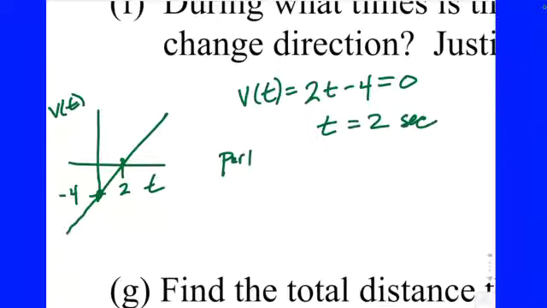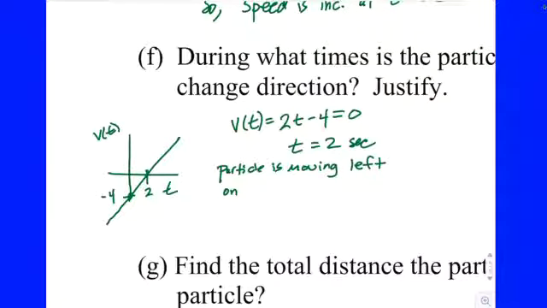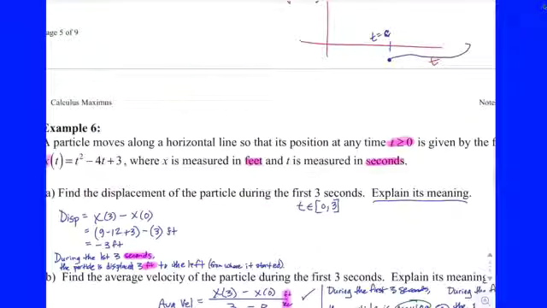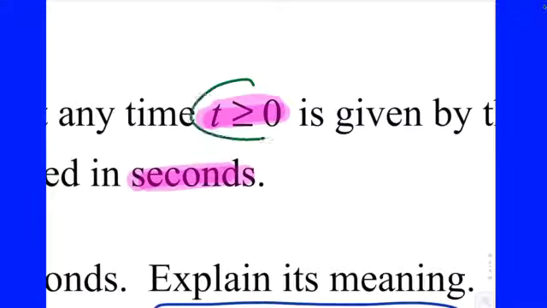Particle is moving, let's do left first. Left on what interval? -infinity to 2? Yeah, this is where you've got to be careful. So on any free response, if they give you something like this, it's probably for a reason, meaning you're probably going to have to be aware of that later on.